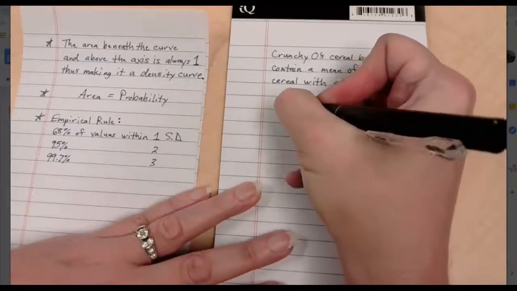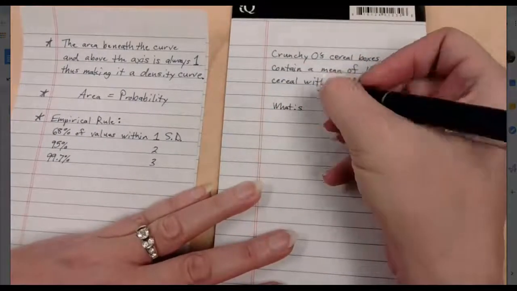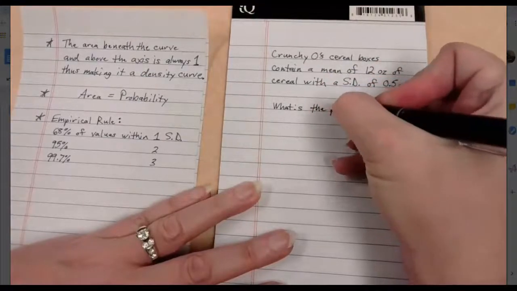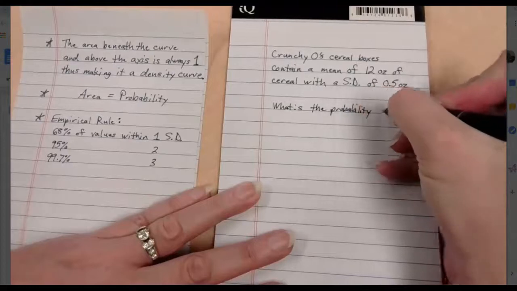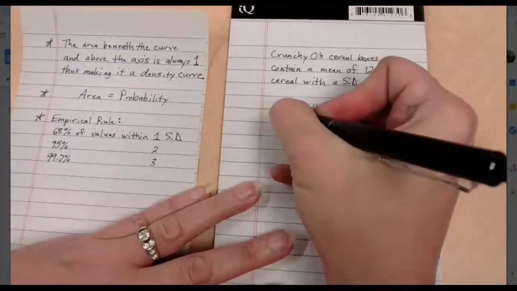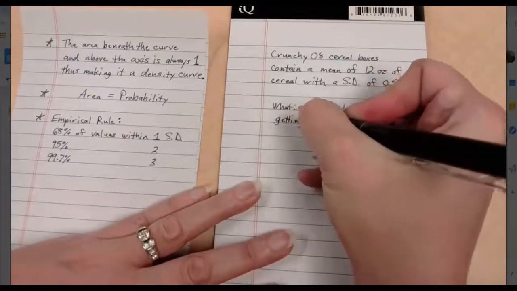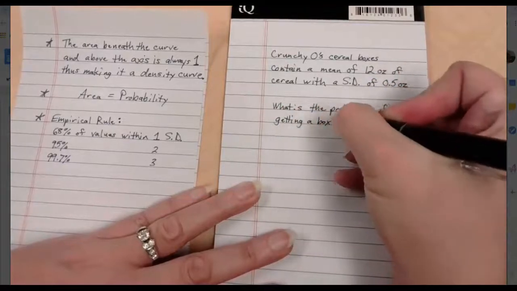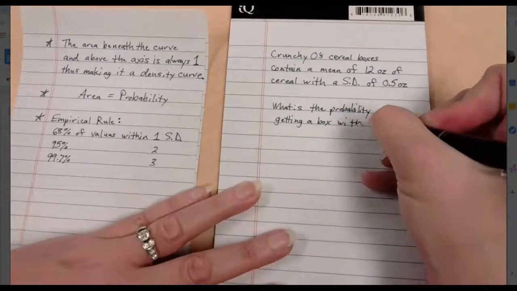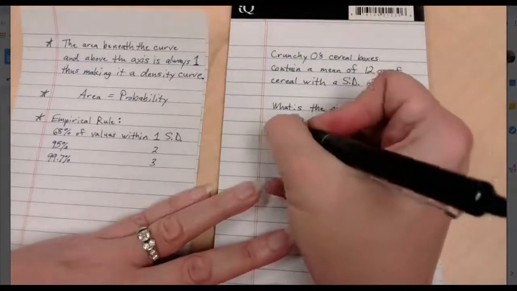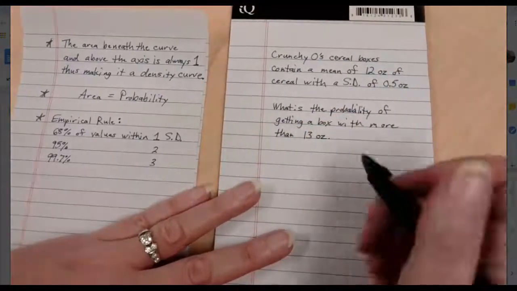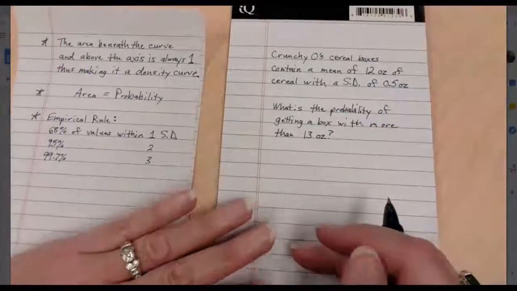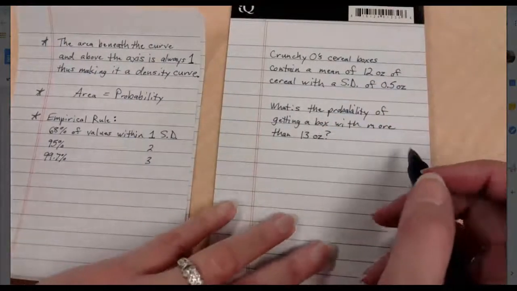What is the probability of getting a box with more than 13 ounces of cereal in it? What is that probability of getting a box of cereal with more than 13 ounces?